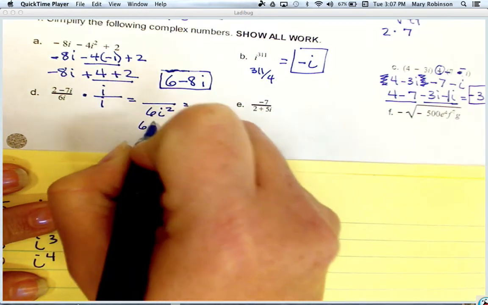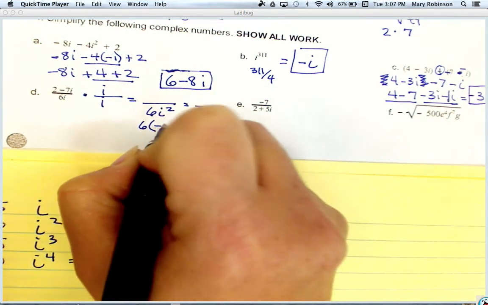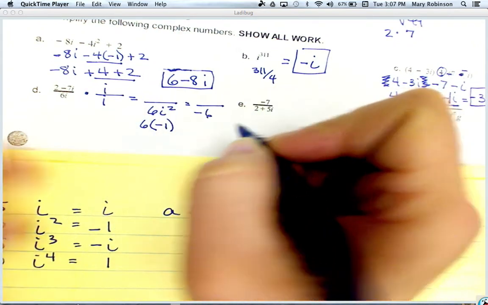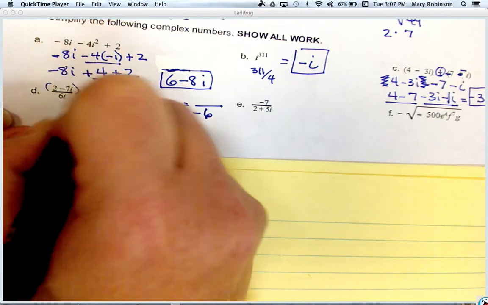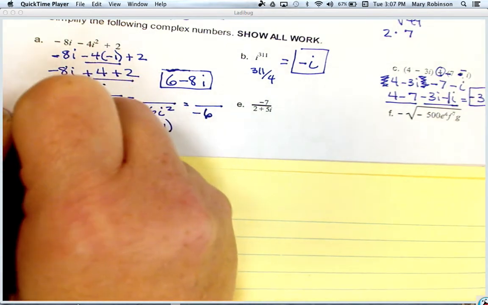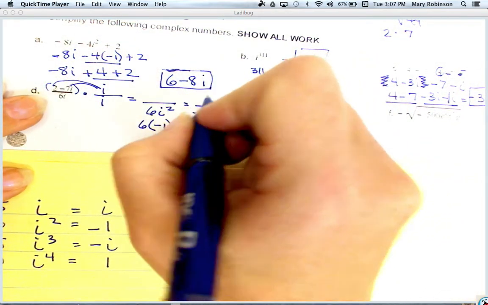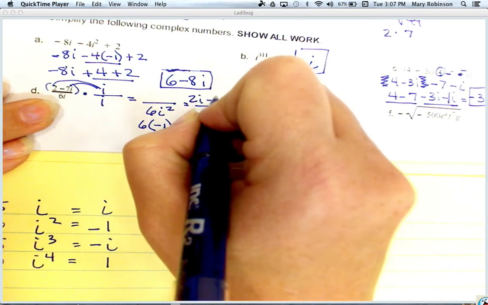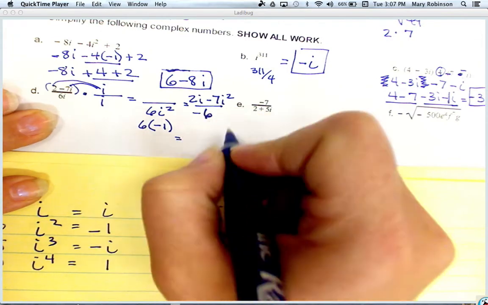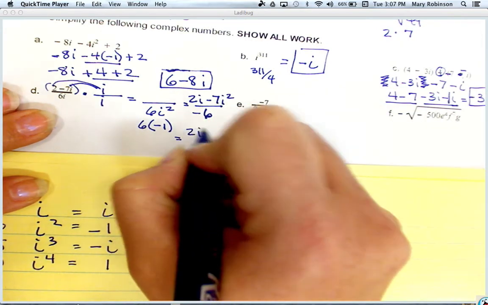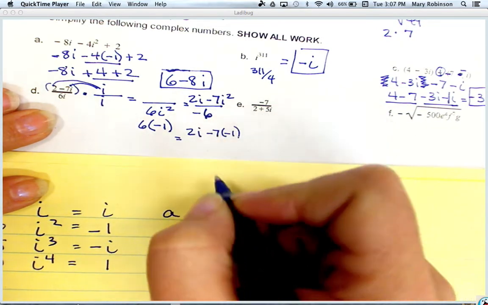What we should remember, however, is that i squared is -1, so this will actually turn out to be -6 as our denominator. Then up top, when we multiply by i, distribute. So that'll give me 2i minus 7i squared. Well, remember that i squared is really -1.